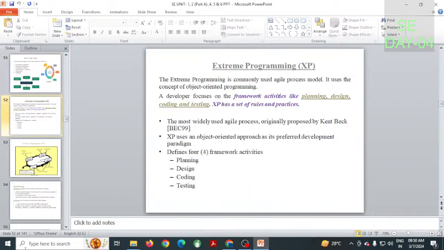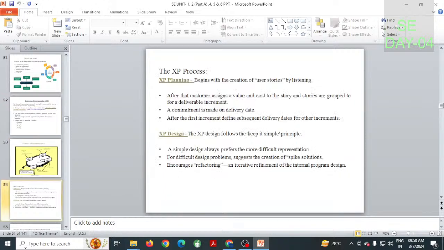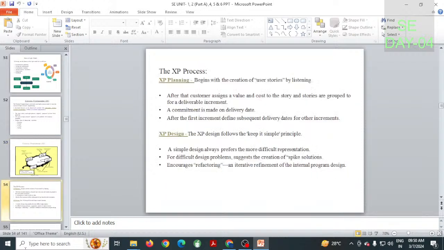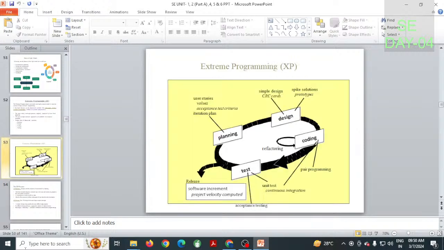In agile programming, we discussed extreme programming and its framework. The framework activities start from planning and end with testing.